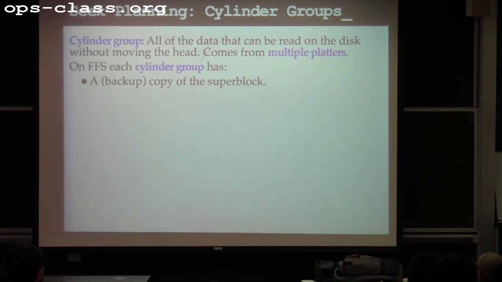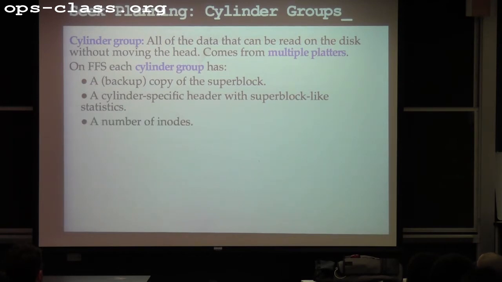Every cylinder group has a superblock, essentially a backup copy of the main file system superblock, which stores all of the really important data about the file system. And it has its own inode maps and its own data blocks. And this is actually, in some ways, quite similar to the ext4 layout that we see today. So it's almost like its own mini file system.